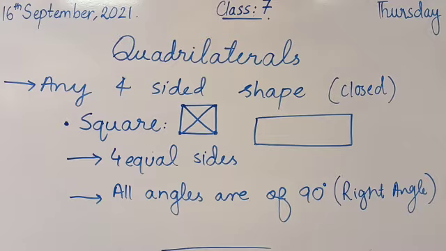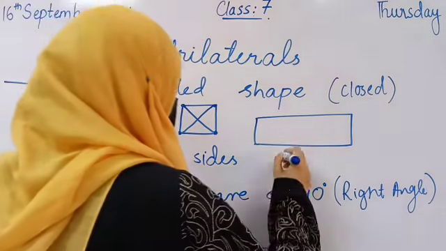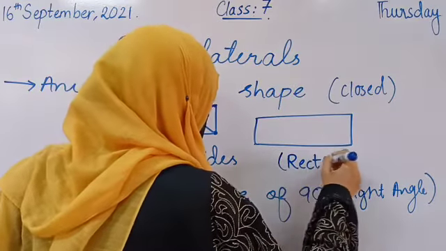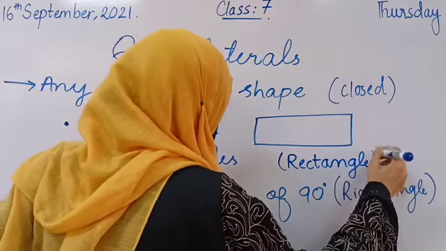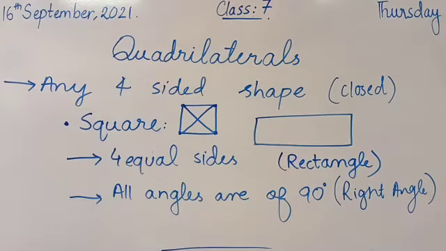Okay. Similarly, this is a rectangle. And what are the properties of a rectangle? A rectangle has two pairs of opposite sides which are equal, two pairs of parallel lines, and four equal angles of 90 degrees, which are called right angles. Can anyone tell me the other property?